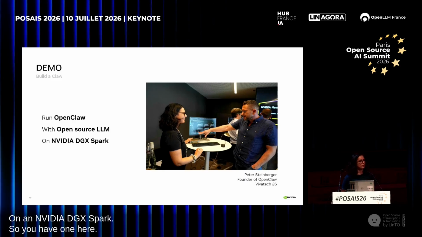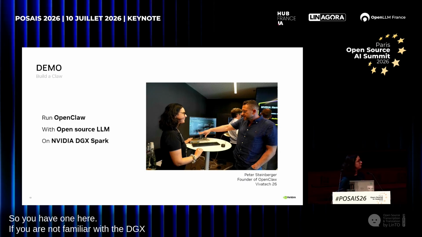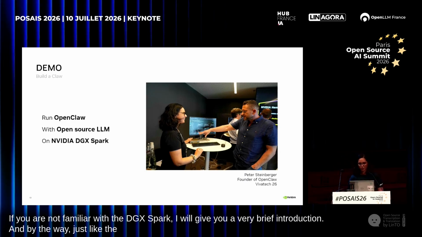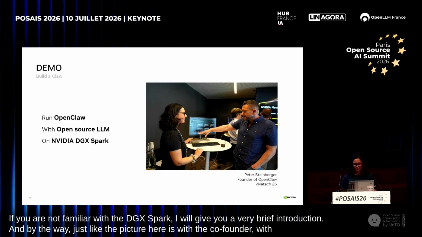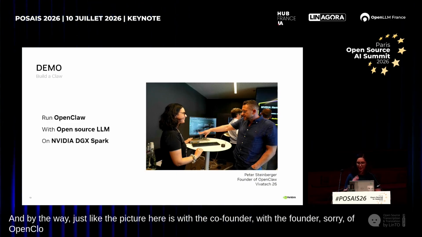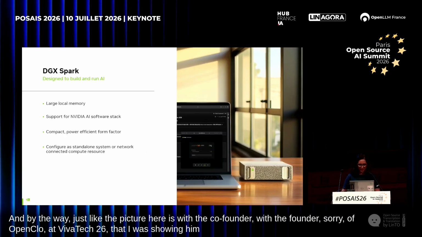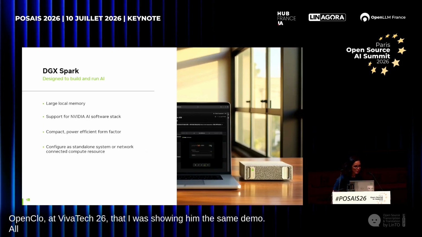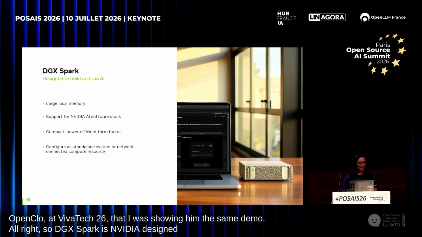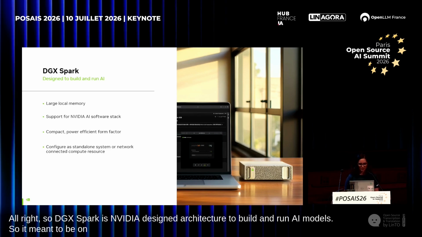If you are not familiar with the DGX Spark, I will give you a very brief introduction. And by the way, the picture here is with the founder of OpenClaw at VivaTech 26, where I was showing him the same demo. All right, so DGX Spark is an NVIDIA-designed architecture to build and run AI models. It's meant to be literally on a desktop. It has a large local memory.